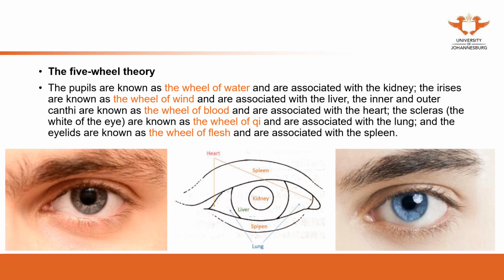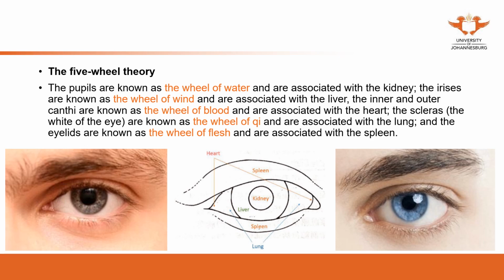For instance, the size of the pupil and the color of the sclera. The color of the sclera is normally white. If it presents as yellow, it's a typical sign of jaundice.